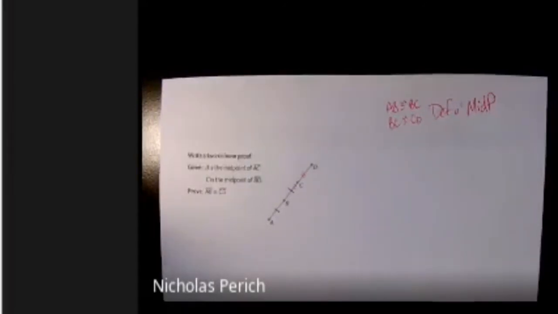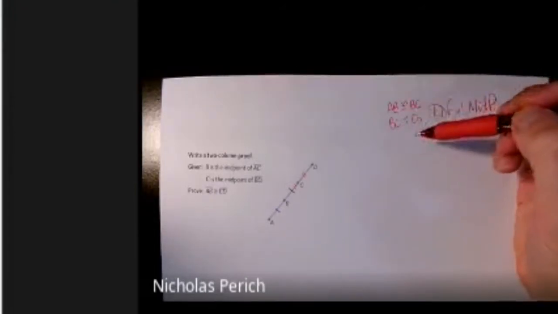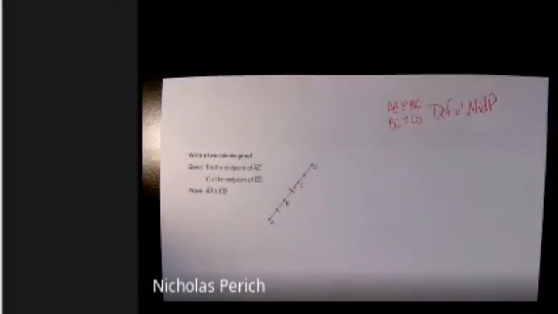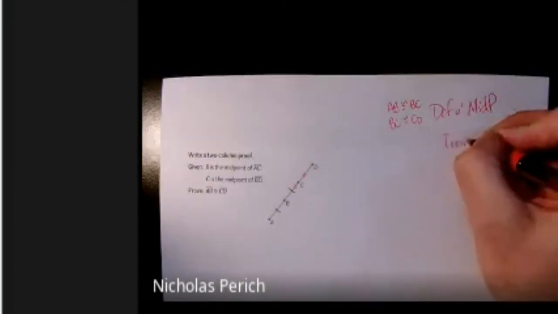Any ideas, whether in the chat or unmute yourself? If I can write this out, where should that automatically lead me to and almost end this proof already? If AB equals BC and BC equals CD, what do you think I can say based off of that information using this property right here?